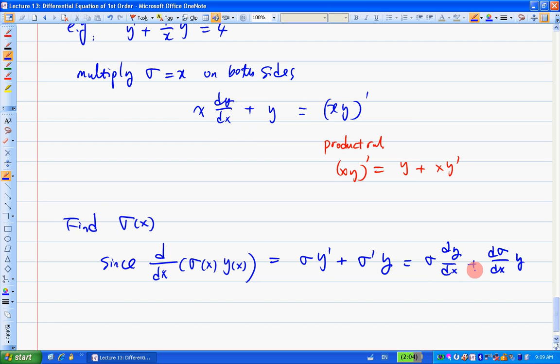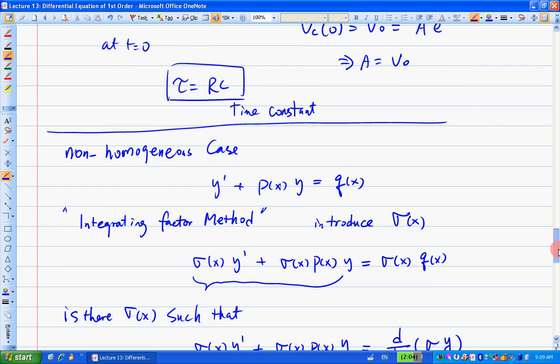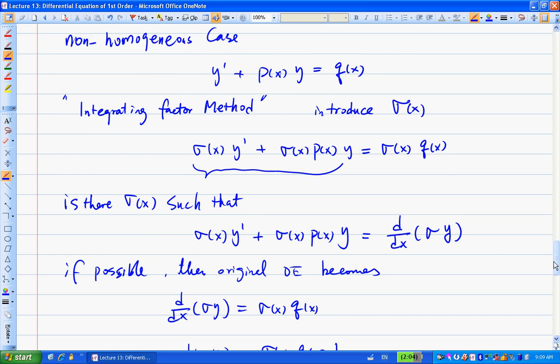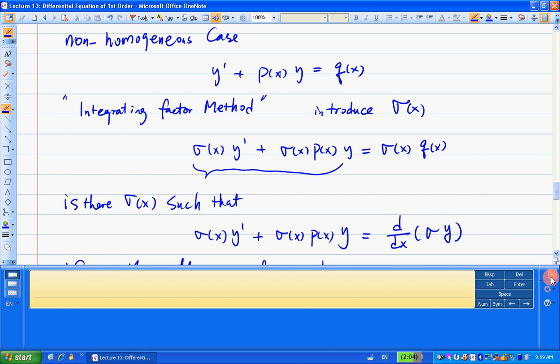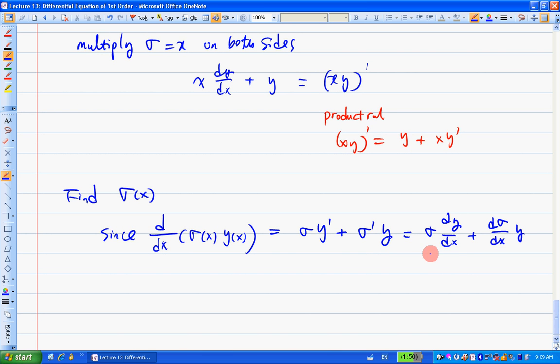That's what this is. Everything starts from this question: whether this is possible to equal this. So let's compare. This is what you want it to equal.